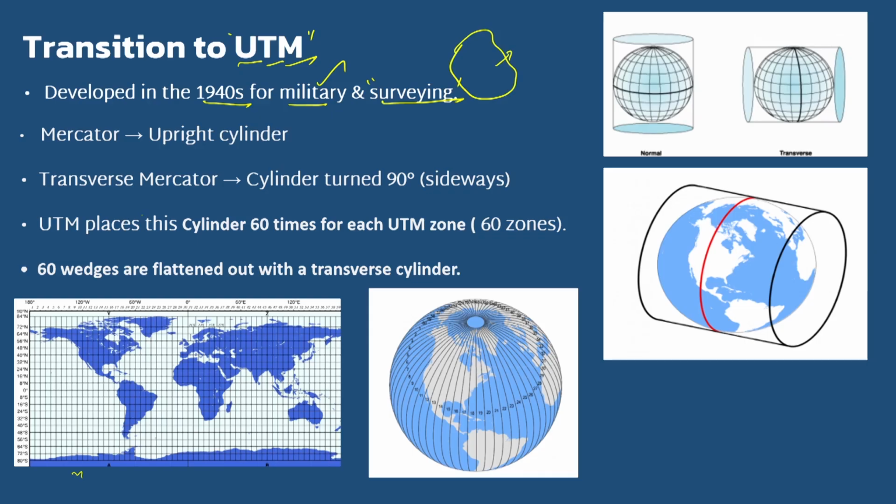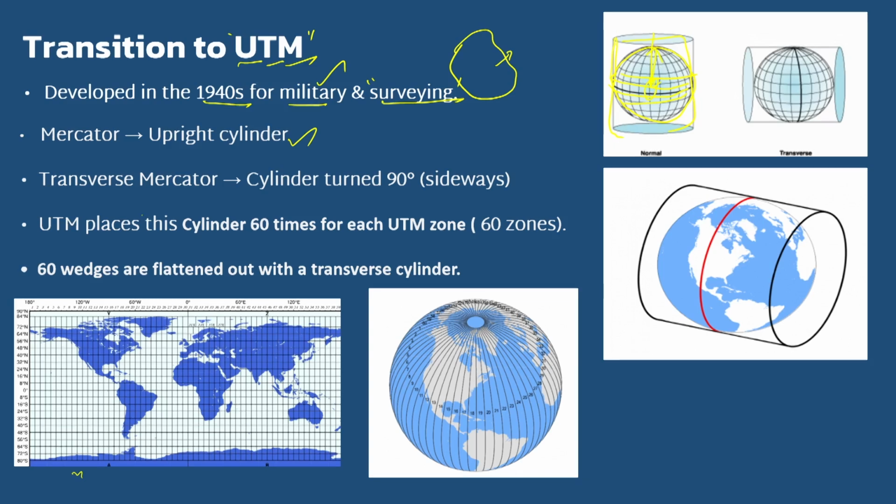Look at the second point, Mercator upright cylindrical. This is a normal cylindrical projection, putting a light inside the globe and wrapping paper around the globe. Only the equator area gets projected so nicely that you get more accuracy there. If you move away from the equator area, there will be distortion.